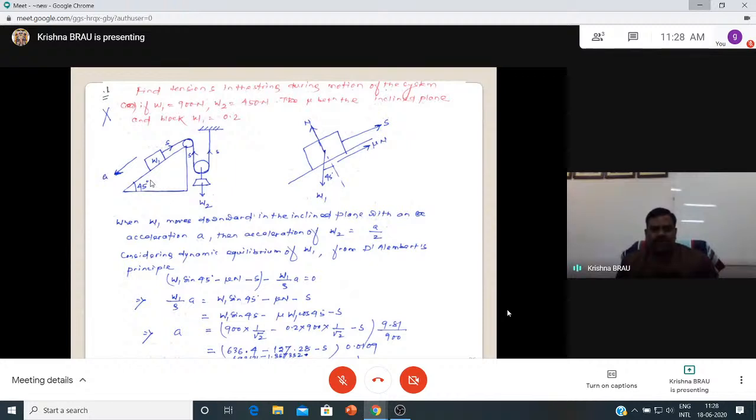Mu is the coefficient of friction between the inclined plane and block, mu is equal to 0.2.